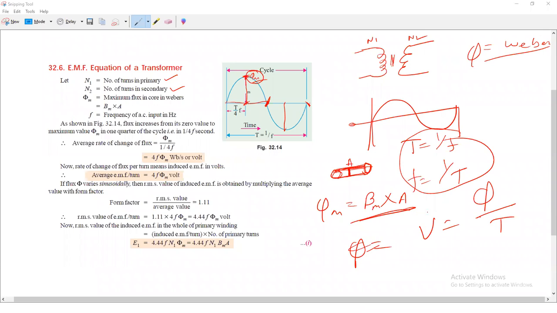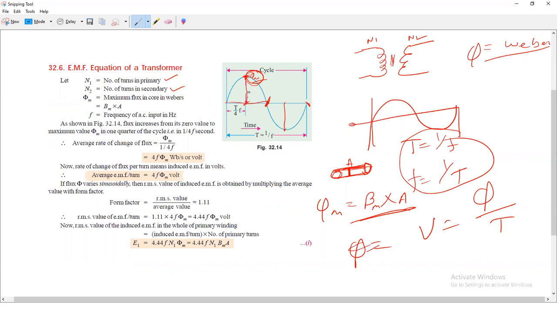So flux, the voltage is equal to charge by time. Charge means the flux by t. So you know that this is the maximum flux. Okay, average rate of change of flux, average voltage means average change of flux.